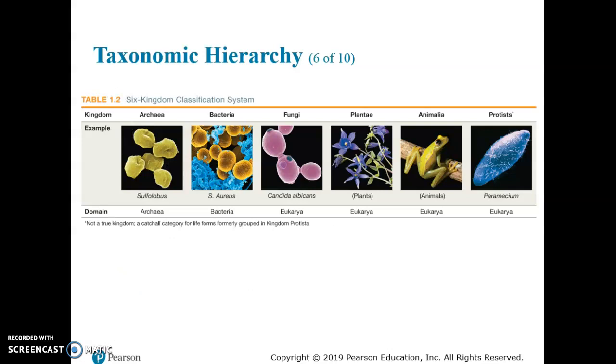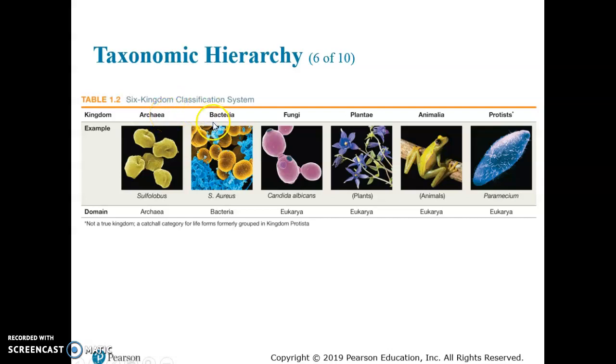Alright, so table 1-2 looks at the domains. You have the archaea, bacteria, and eukarya. But then you have the kingdom, and this is what's considered the 6-kingdom classification system.